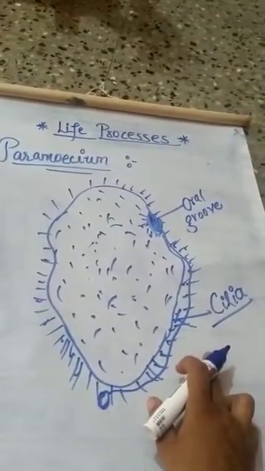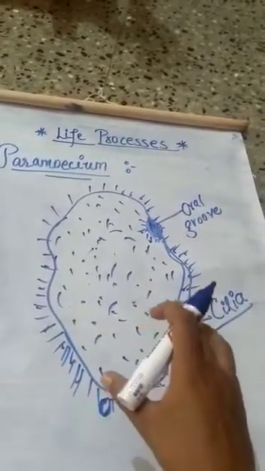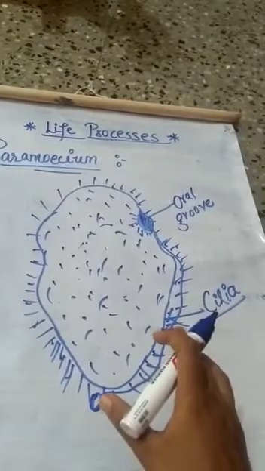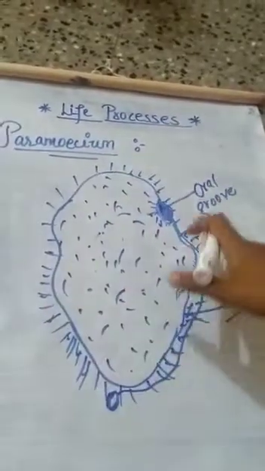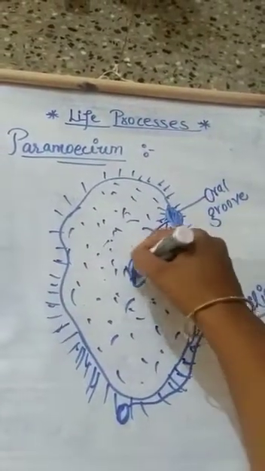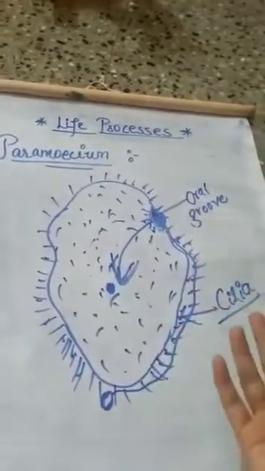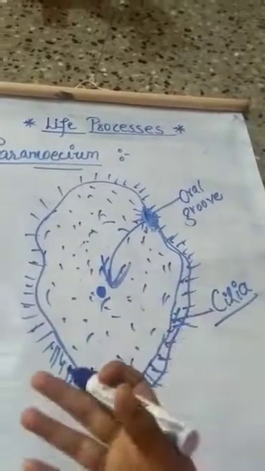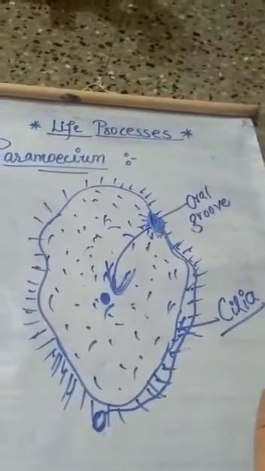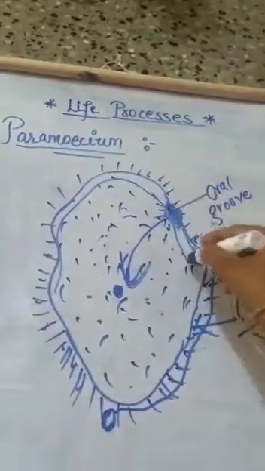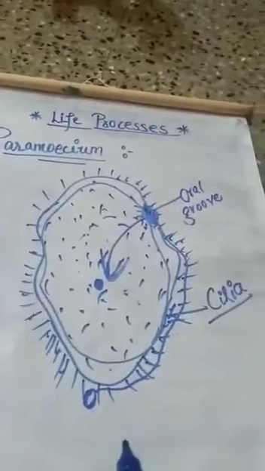So the food is passed to the oral groove, and you can see this Paramecium will then engulf this food. So here the food is engulfed, and then again, like amoeba, it is converted into usable material, and it is then sent to all the surfaces of the Paramecium.